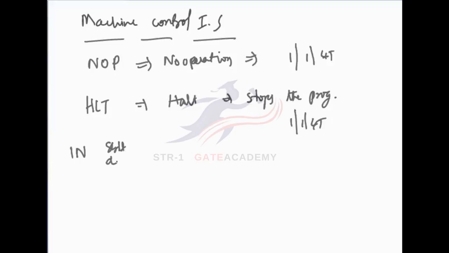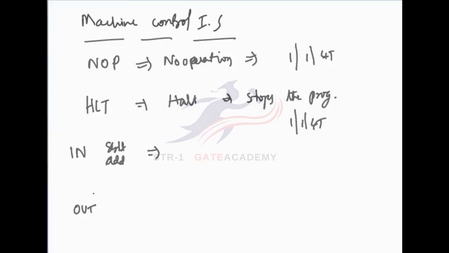Then similarly we have another instruction, the I/O instructions with an 8-bit address. Here we have to give the address. Two instructions are there, one is IN and another is OUT. These two instructions perform operations between the microprocessor and external devices.